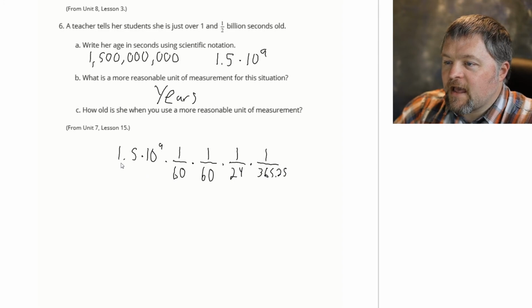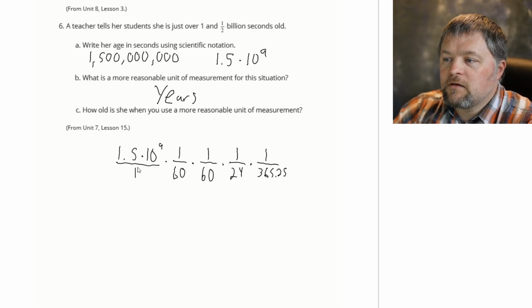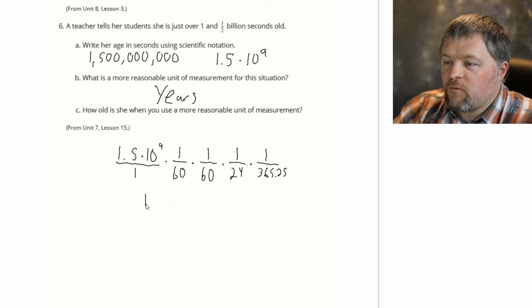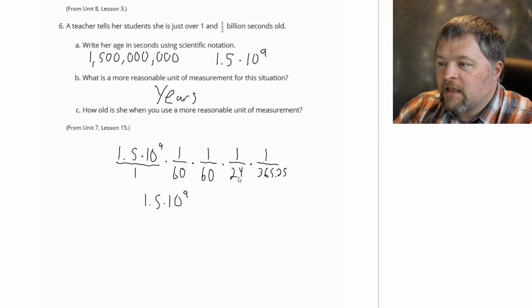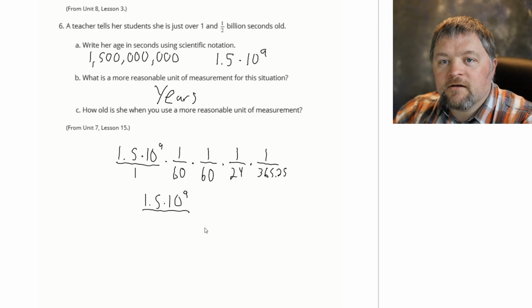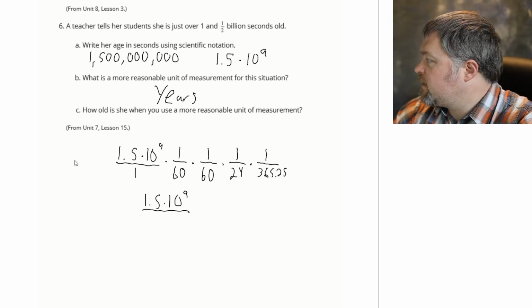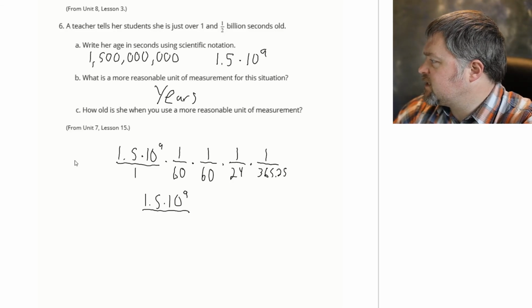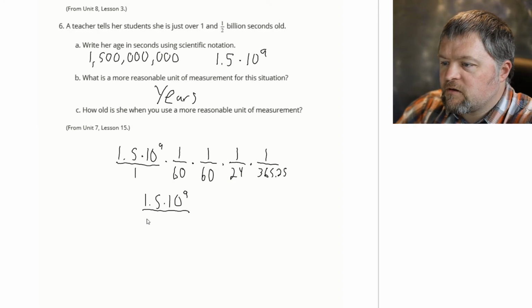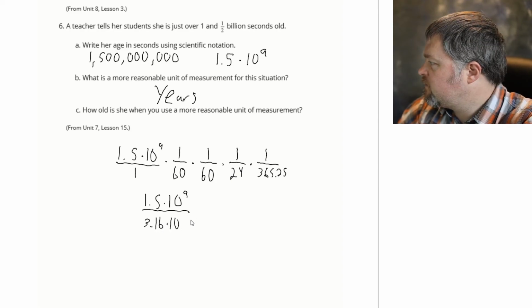That would be over 1. So if we combine all of these, we would have 1.5 times 10 to the power of 9. And then we could just multiply all of those through, and that would be our new denominator, which would be 31,557,600, or about 3.16 times 10 to the power of 7.